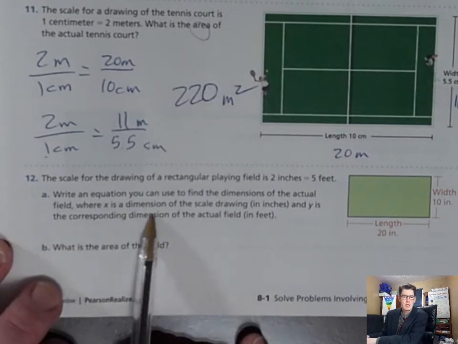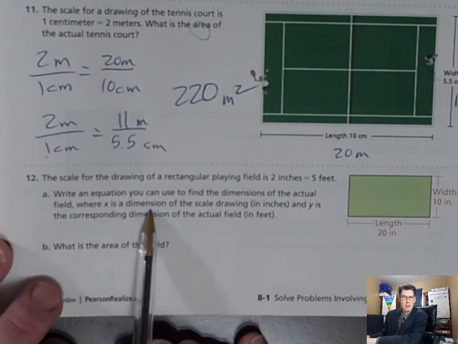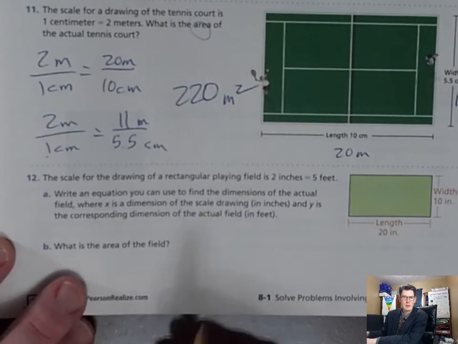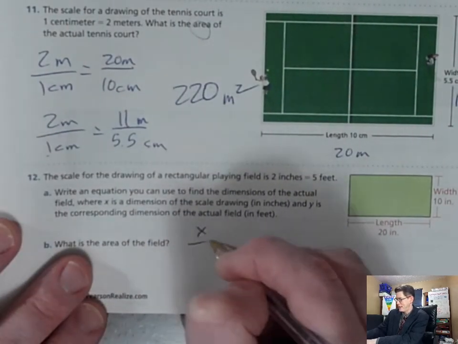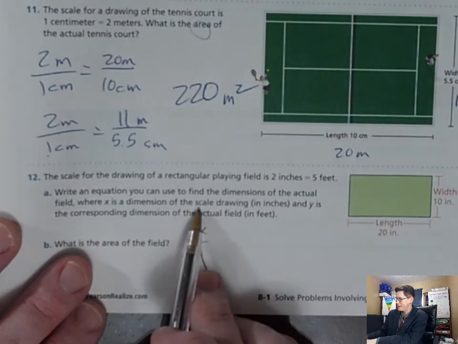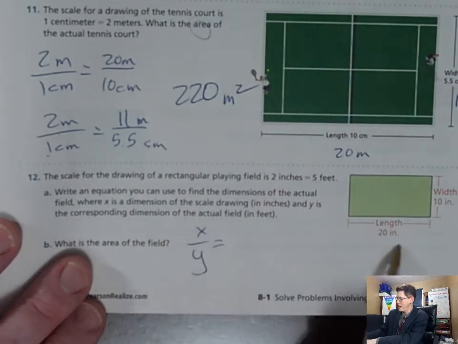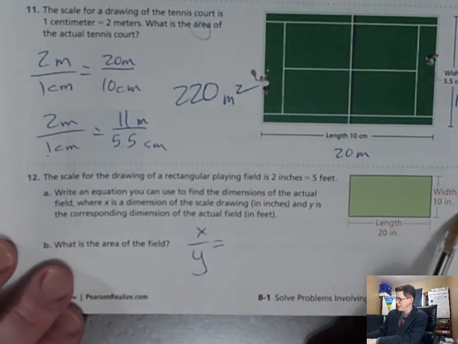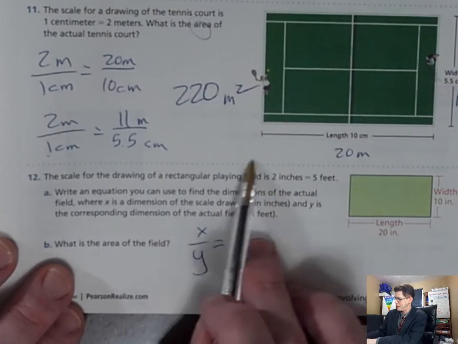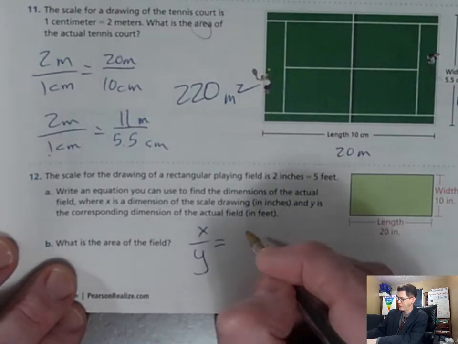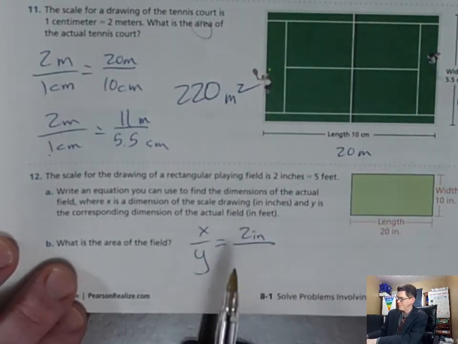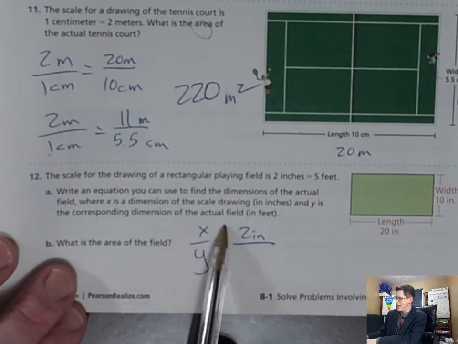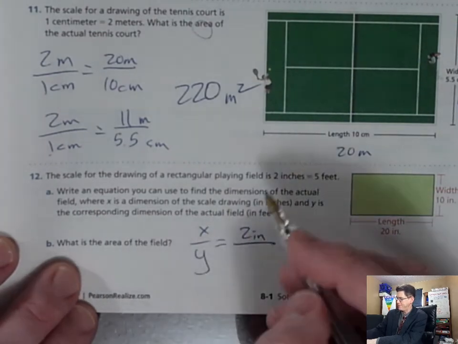Write the equation where x is the dimension of the scale drawing. So we've got something about this x and y. X is the scale drawing in inches. So x is inches. That's 2 inches. And y is the actual in feet. Also, that's 5 feet.